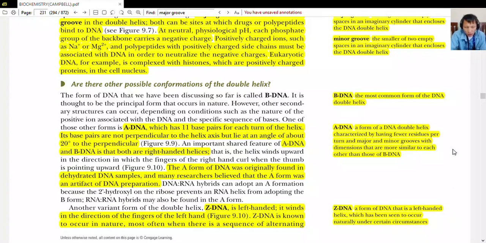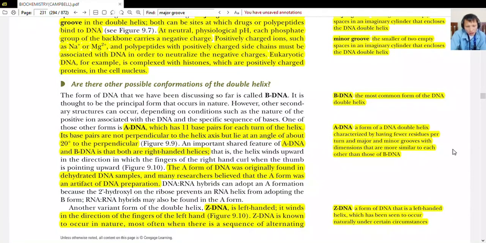In terms of conformations, we have three types: the bDNA, the aDNA, the cDNA. The bDNA is the most common form of the DNA double helix. Talking about the forms, that is not beta, but B, A, and C.